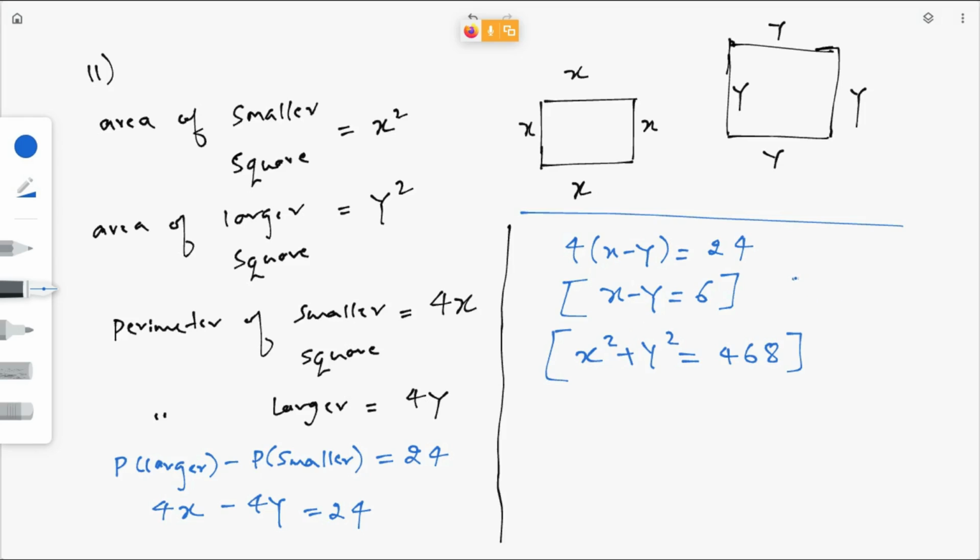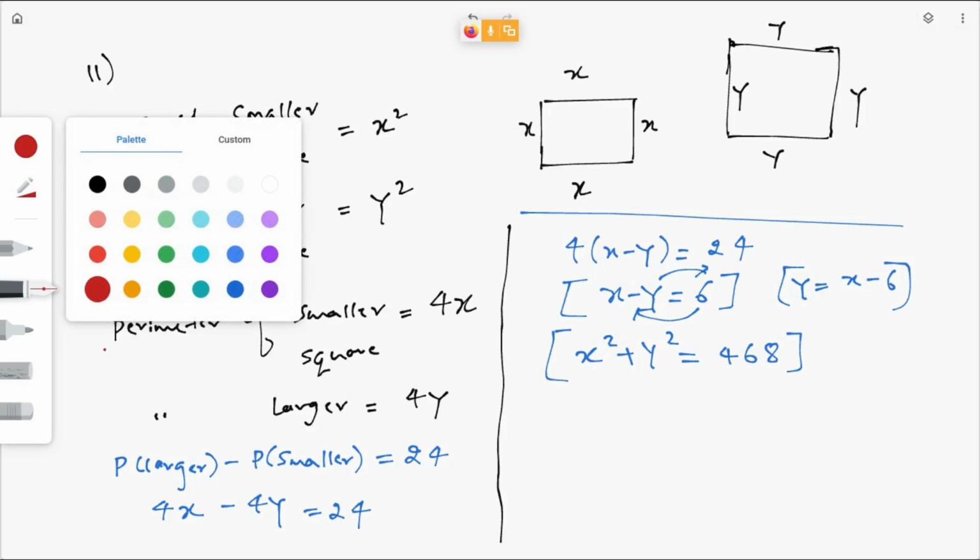So y is equal to x minus 6. Any questions, any doubts?